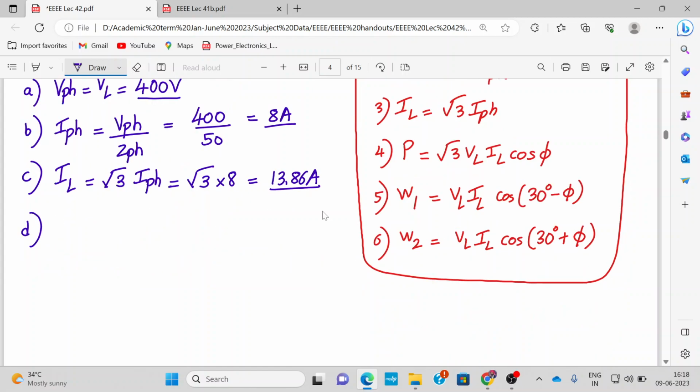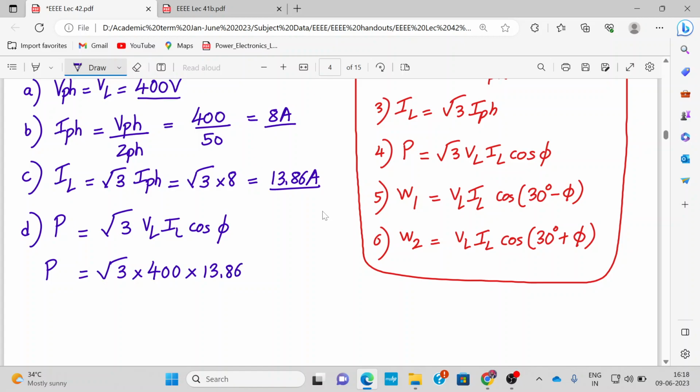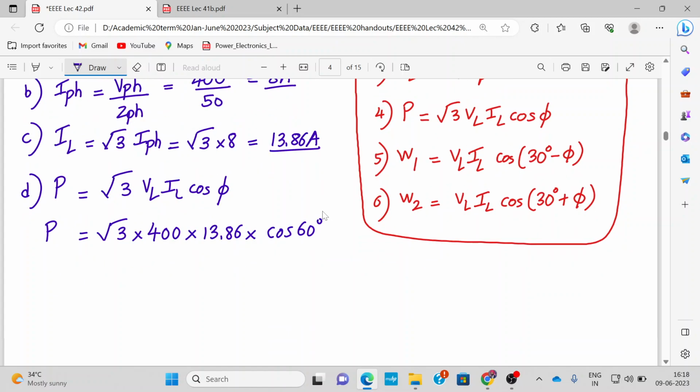Then next is the total power consumed. The power in a three phase circuit is given by root 3 VL IL cos phi. Alright, so we can write power is equal to root 3, VL is 400, IL is 13.86 into cos phi. So phi is basically 60, so cos of 60 degree. If you calculate in your calculator, it will give you 4.8 into 10 raised to 3 watts.